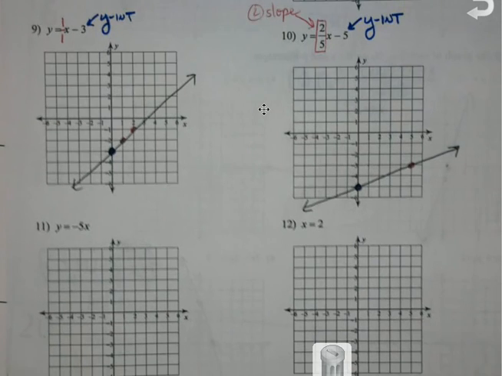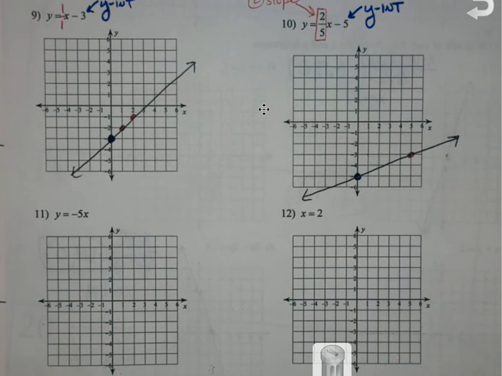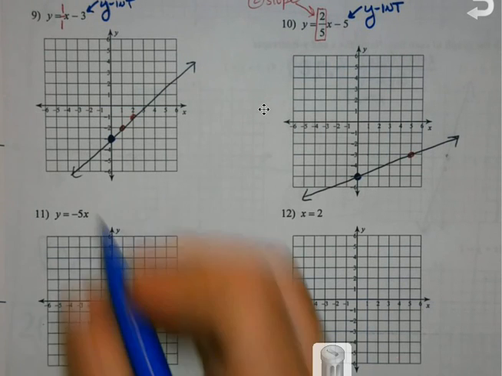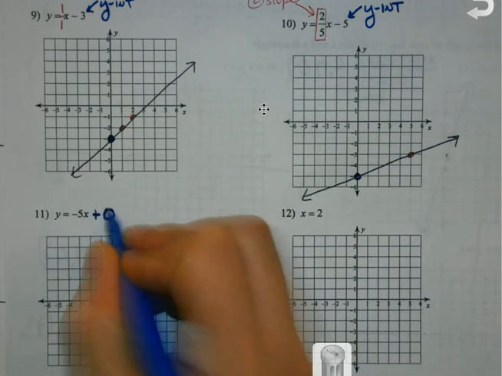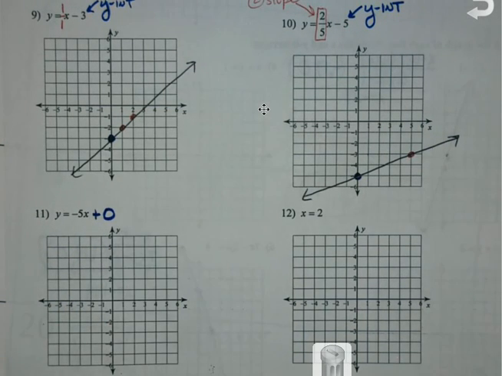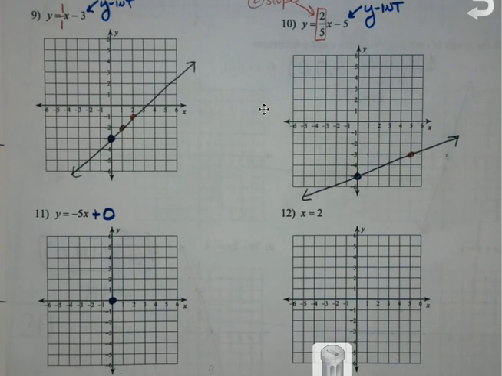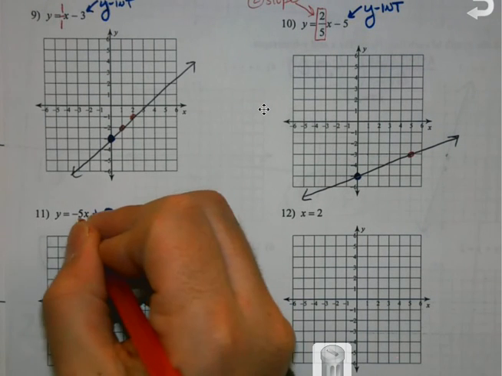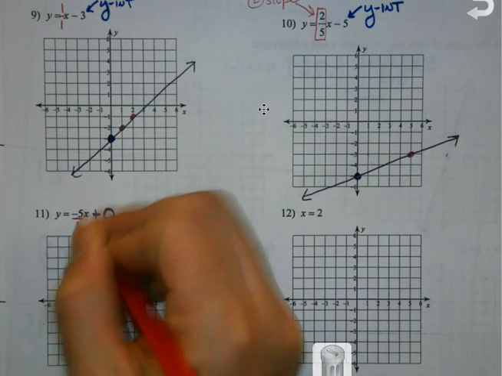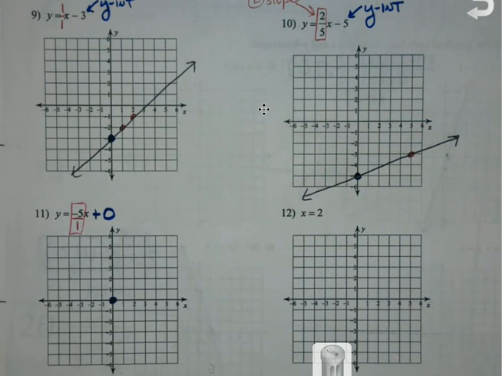Now 11, I threw a curveball at you. Is there a number just sitting there with no x attached to it? No, there's not. Close. If I don't see a y-intercept at the end, and I do see something that has x, we're going to put a 0 for my y-intercept. And right, we're always going to turn our slope into a fraction.